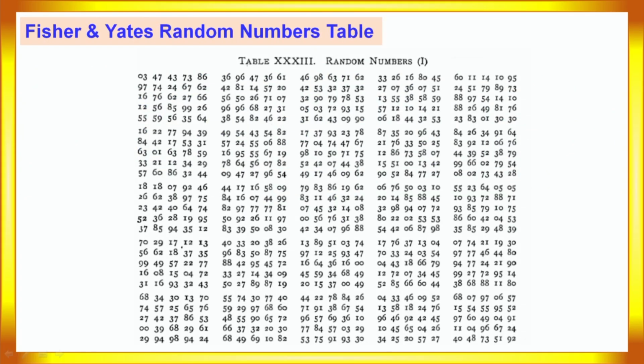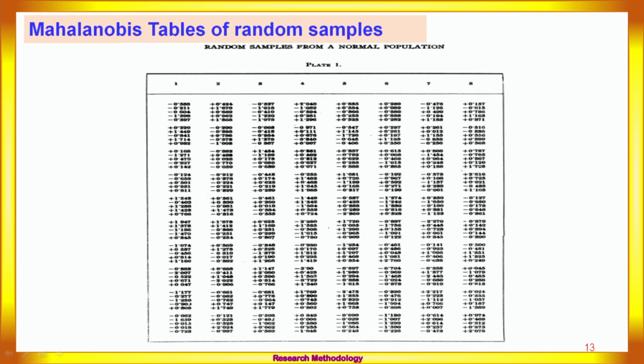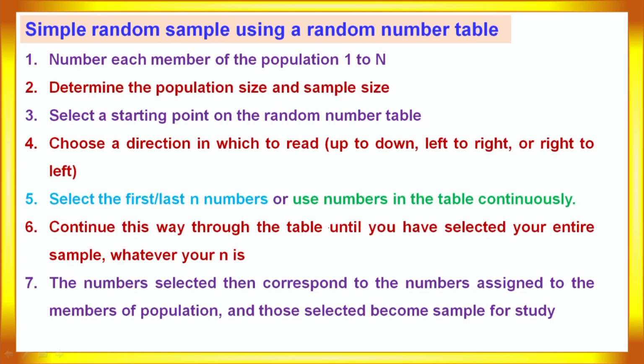This is an example of the Fisher and Yates random number table. And as I am talking about Mahalanobis, he wrote a paper on this random number table at the same time as Tippett. This is the table I have taken from it, maybe not that visible, and it is mostly used for industrial purposes, not in social scientific research.